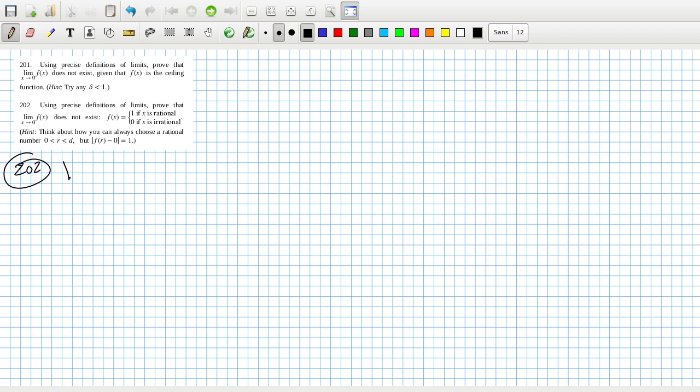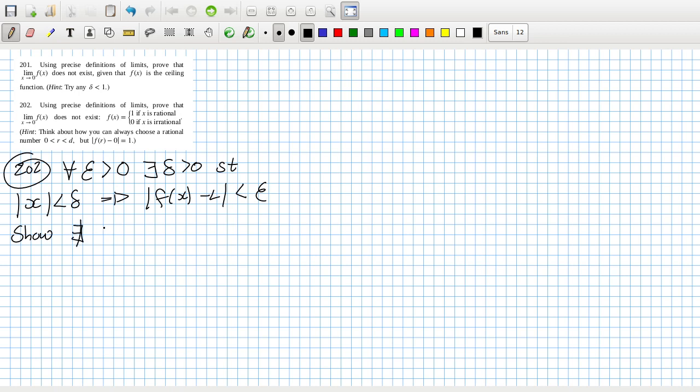Okay, so for all epsilon greater than 0, there exists a delta greater than 0 such that if x minus 0 is less than delta, then that means f(x) minus L should be less than epsilon. Okay, so again, we'll show there does not exist a delta.